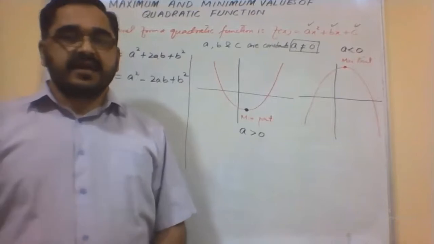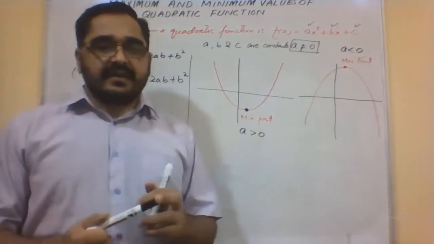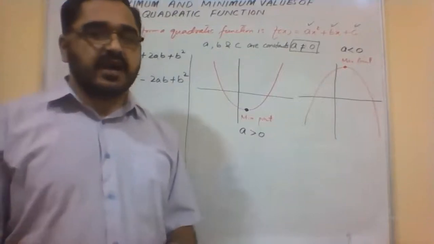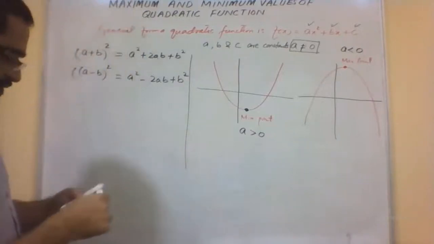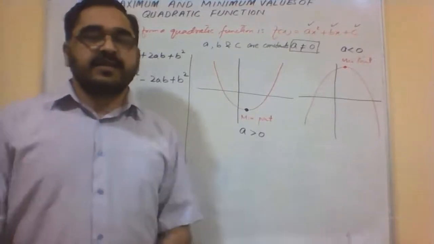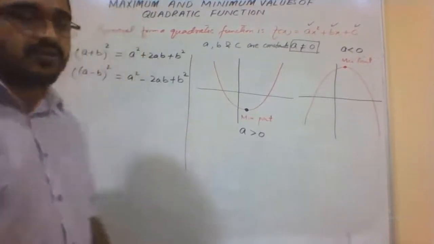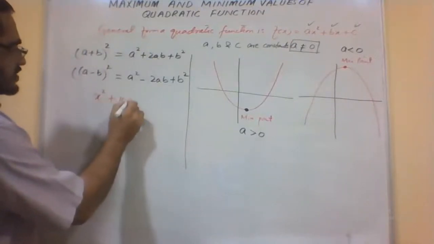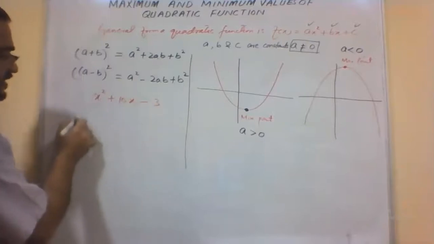Here, how can we make any algebraic expression into a perfect square? Suppose we take one example: x square plus 10x minus 3.